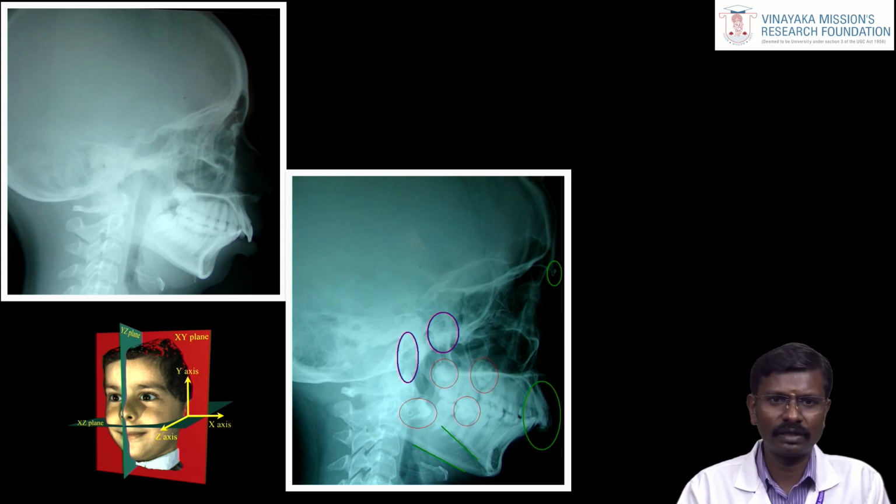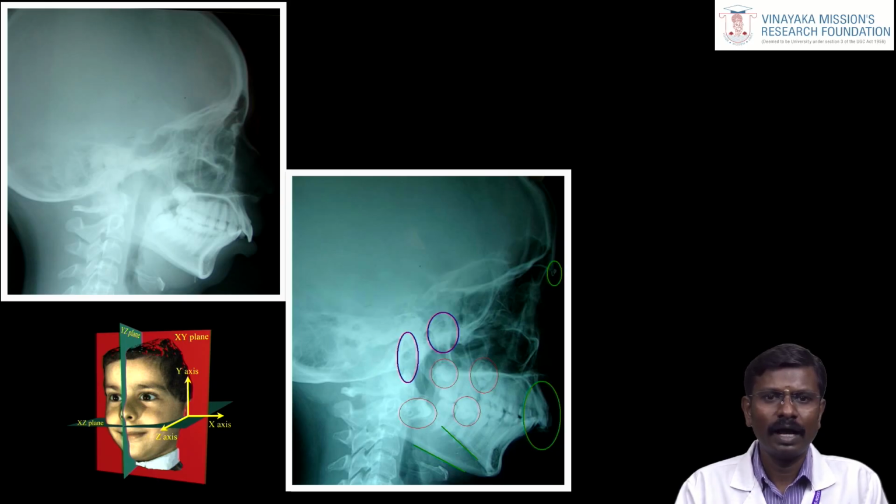They didn't check the three planes of space. If you don't check it properly, you will get a blurred image like this or a double image. You can't do a proper cephalometric analysis. So this is the main thing: you have to position the patient's head in a proper position, otherwise you will get two images.